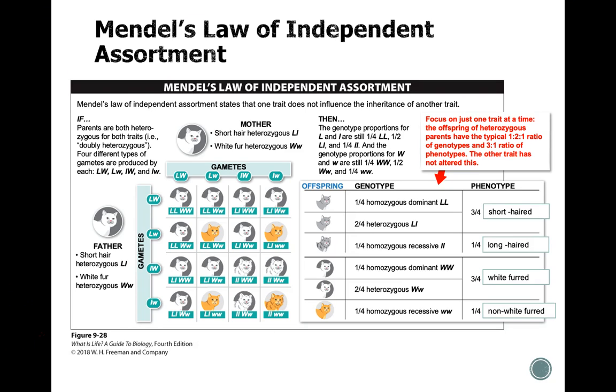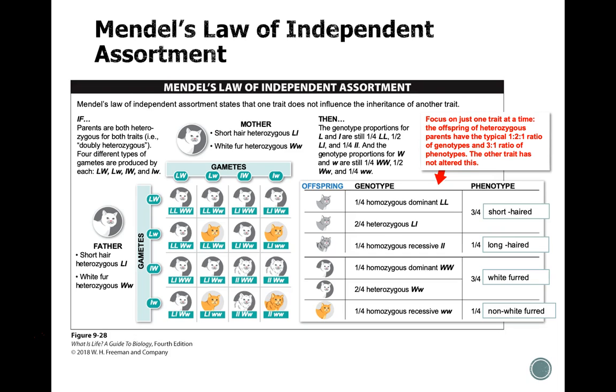So I have gone back and fixed the chart and figured out what's going on here. I was confused because when I read the book it made sense, and when I looked at the chart on the PowerPoint it did not make sense. So anyway, let me explain what's going on in this chart on the right hand side.